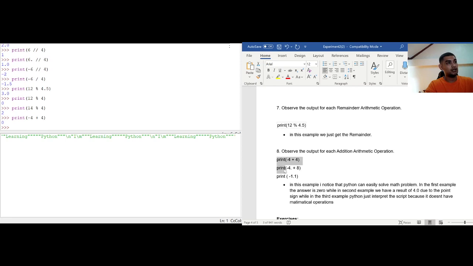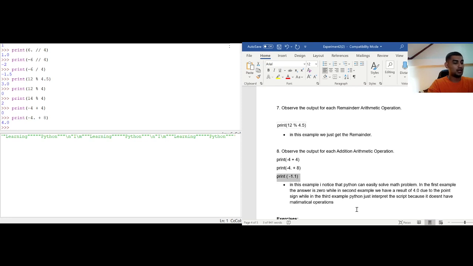Then for string number 2, negative 4 plus 8 will be 4.0. So as I told earlier, when we put a point on the string, the answer will have a decimal place, while if we remove the point in the string, the answer will be just a whole number without decimal places.